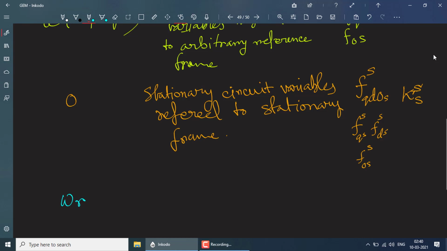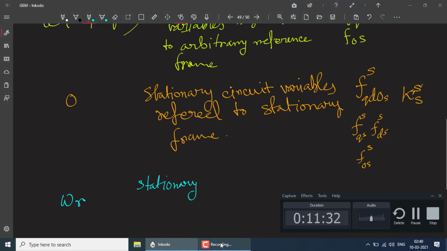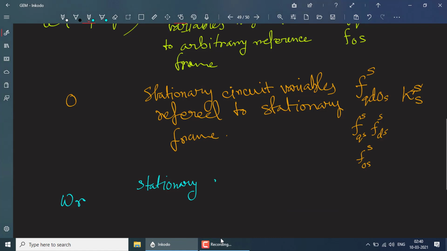What is that? Stationary circuit elements referred to our rotor.